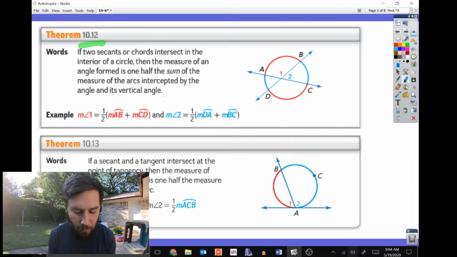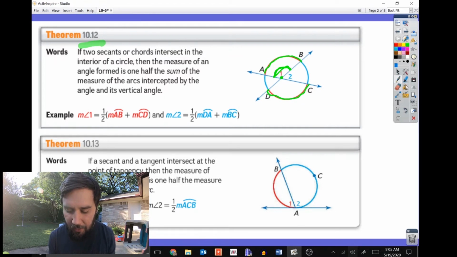So what we're saying here is that when these 2 secants intersect inside the circle, the measure of angle 1 is 1/2 the sum of the 2 intercepted arcs: the one in front, arc AB, and the one behind that angle, arc DC.